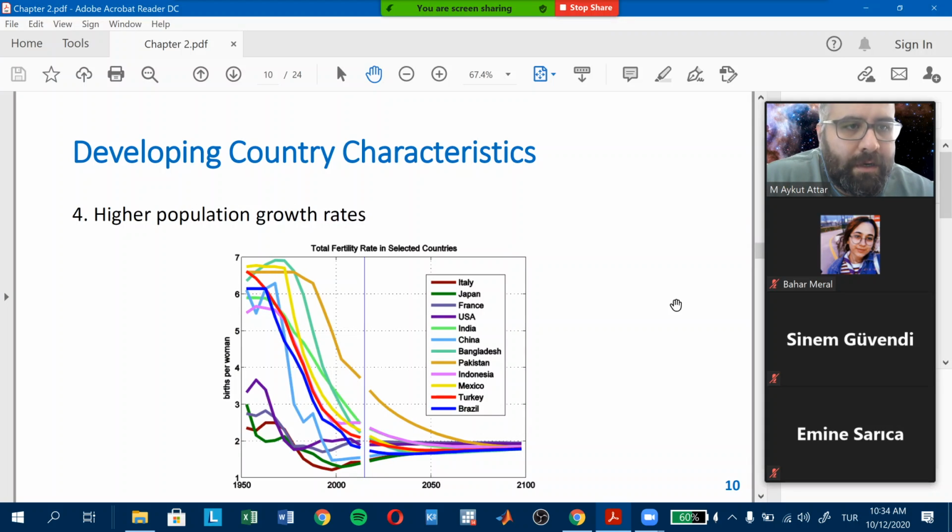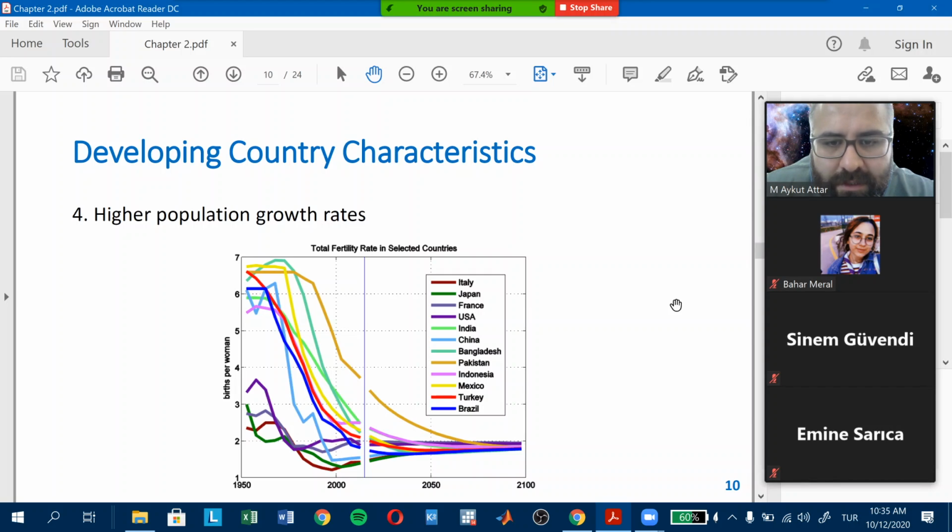In the fourth part, we said developing countries or underdeveloped countries have higher population growth rates. In this figure, this is one of my working papers with my co-author Serdar Sayan. This is total fertility rate in some of the selected countries that we focus on in that paper. That paper is about international trade and dynamic Hacettepe models, or Ricardian plus Hacettepe frameworks.